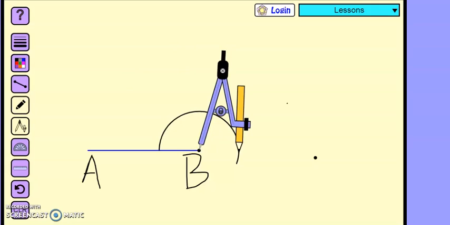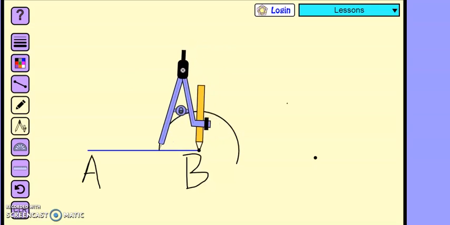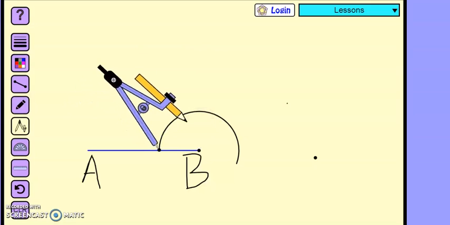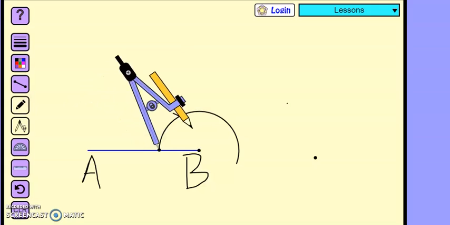Then you will place your compass needle at this point, this one, and you will draw an arc which will intersect your semicircle like this.